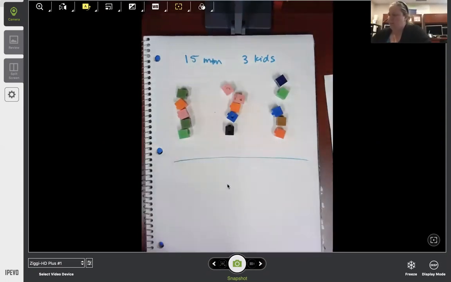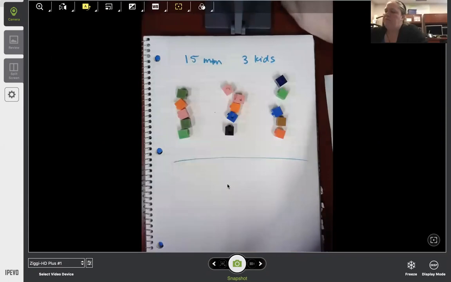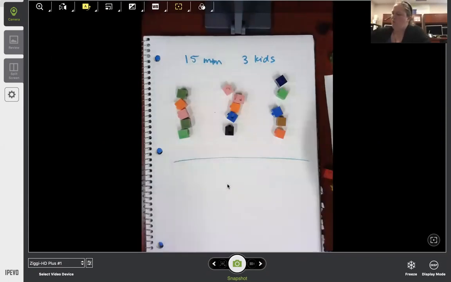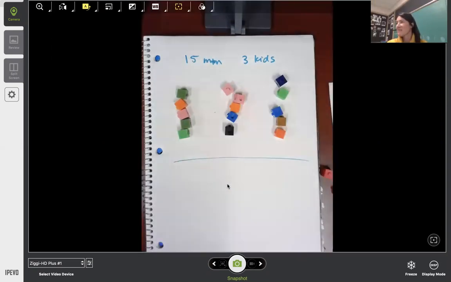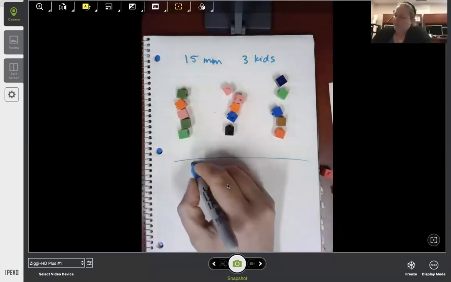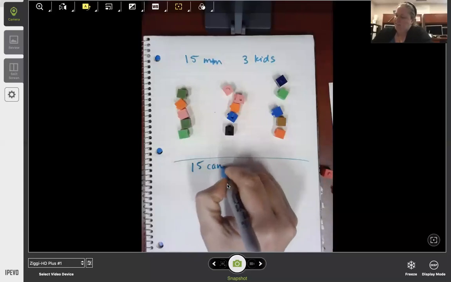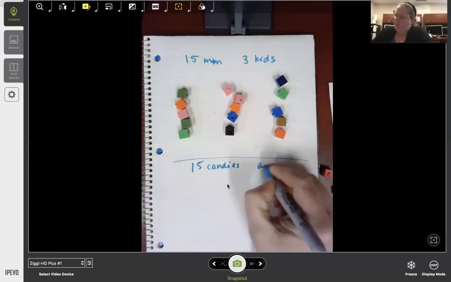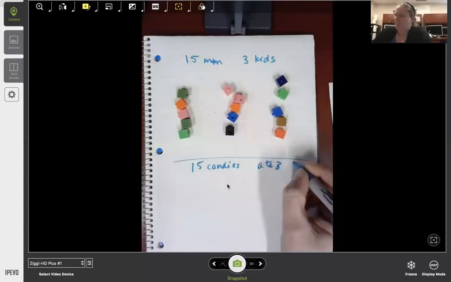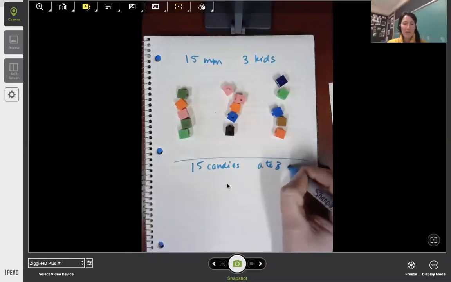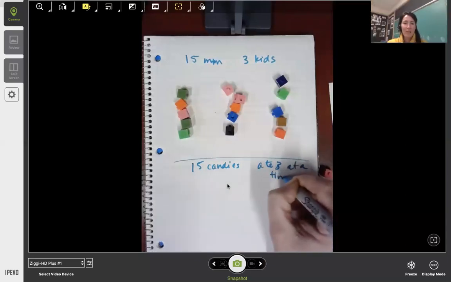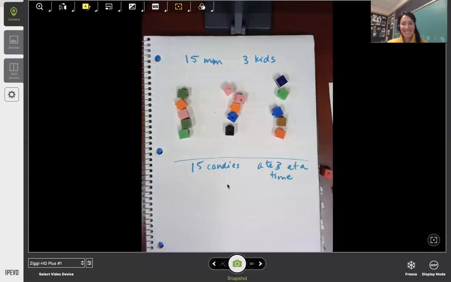And if you ask the other problem, what was the other one that we had? 15 candies and eat 3 at a time. You had 15 candies and you ate 3 each sitting. I think this is Pam, because somebody said Pam can make it through the week.